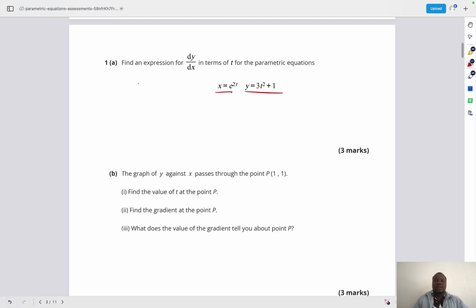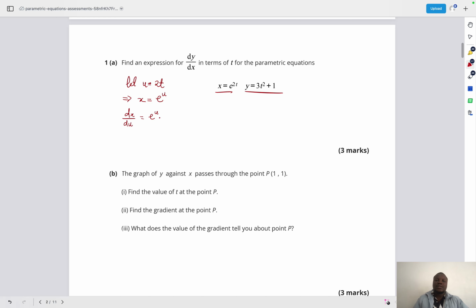So for the first one here, we should say let u be equal to 2t, which then implies that we've got x being equal to e to the power of u. What we are going to do in this case is find dx/du, which just gives us e^u. We'll keep that.